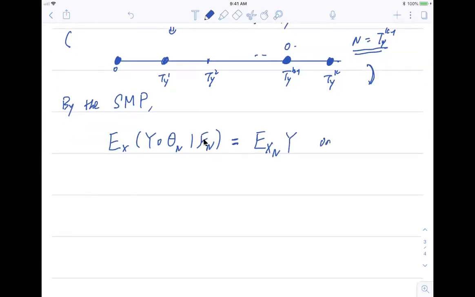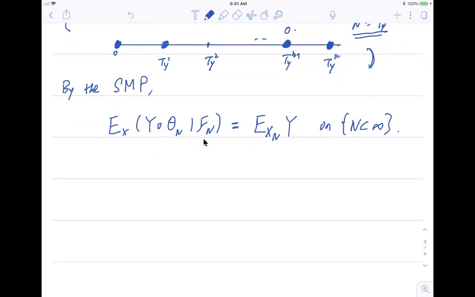And this is true on n less than infinity. It's just the strong Markov property.